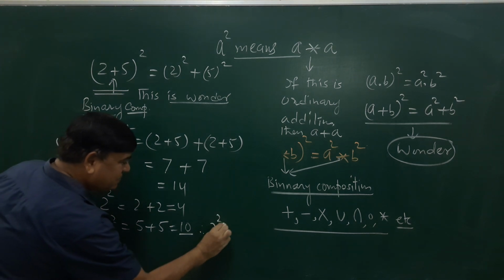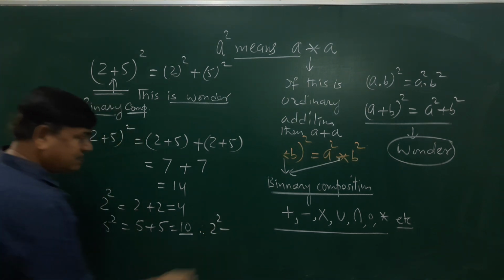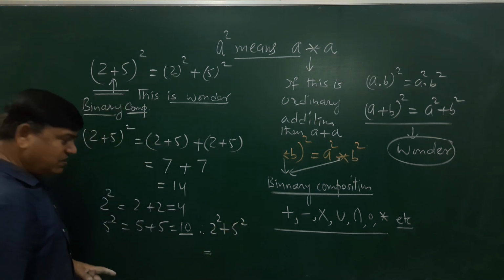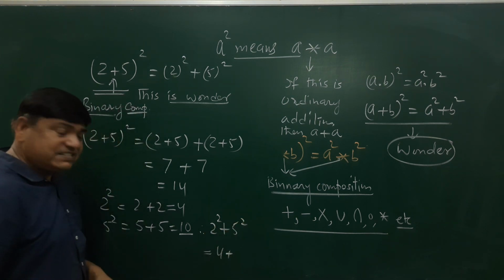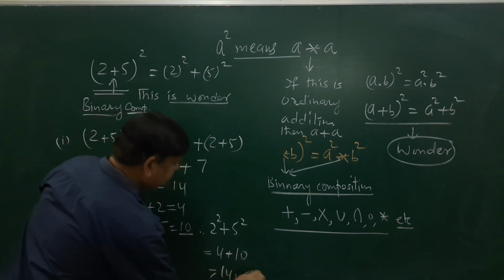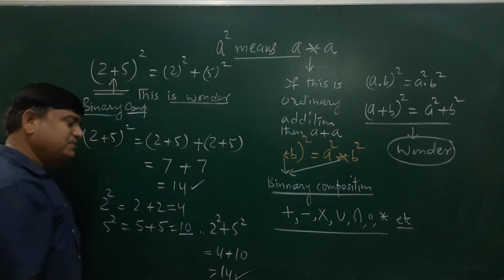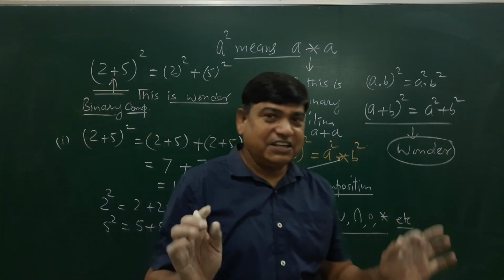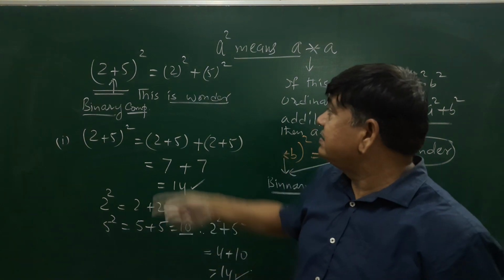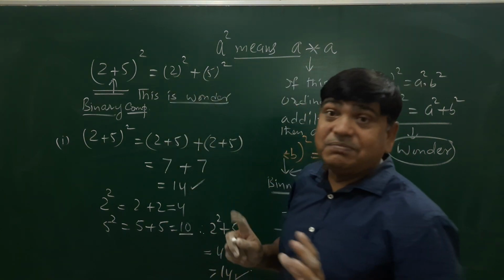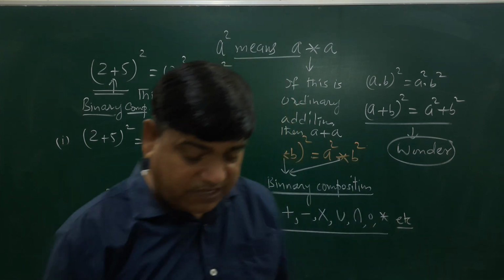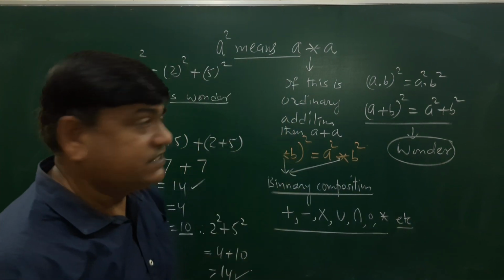Therefore 2 square plus 5 square is 4 plus 10, which is 14. So left hand side is equal to right hand side. Remember, this is not the ordinary multiplication, this is the binary composition. Okay, so let us prove this.